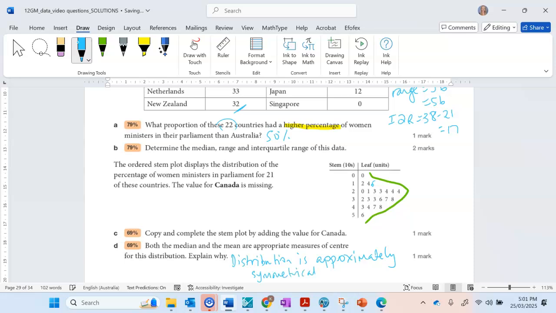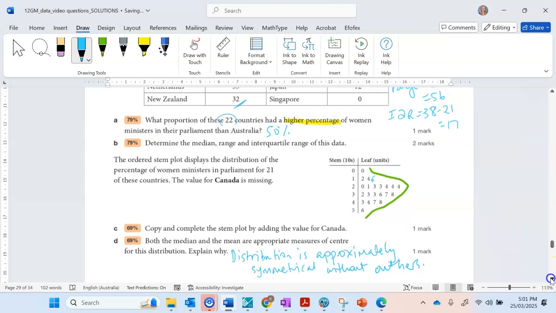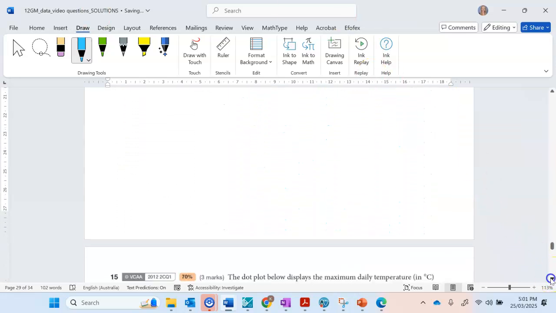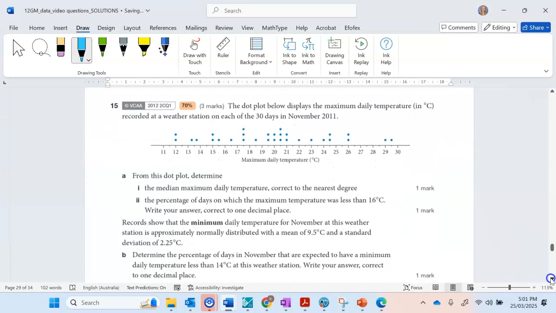And we can say without outliers. I don't think you would have to say without outliers, but we'll put it in there just because we want to be, yeah, because it's not affected by outliers. If you had outliers, you wouldn't use the mean.